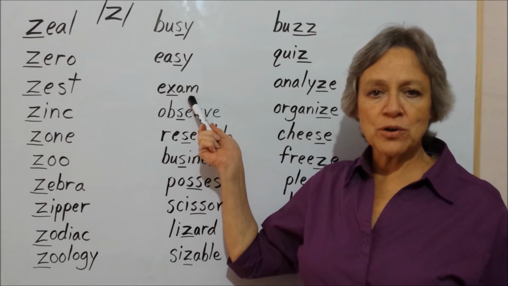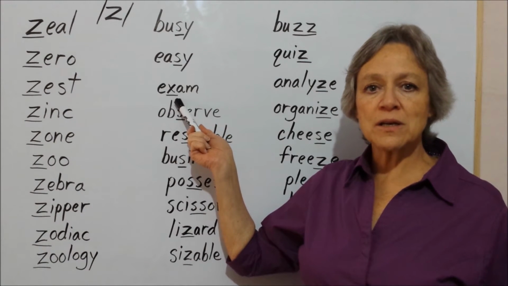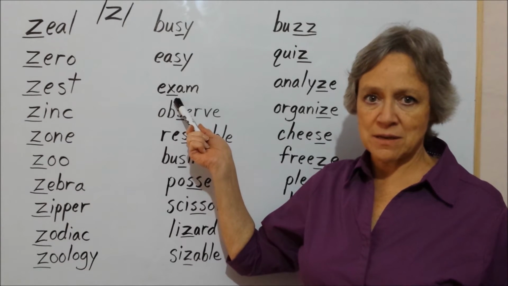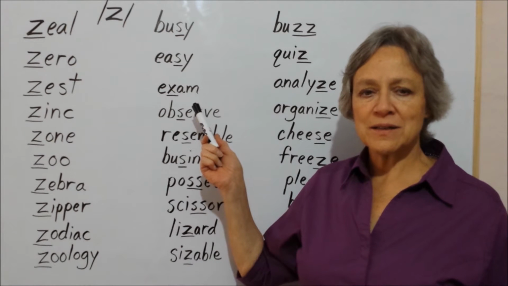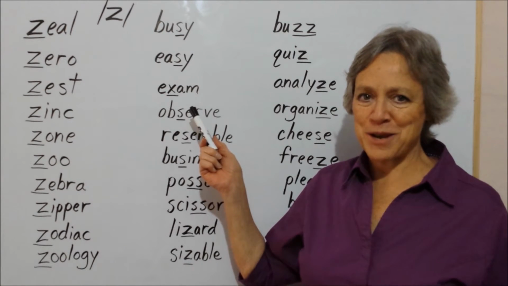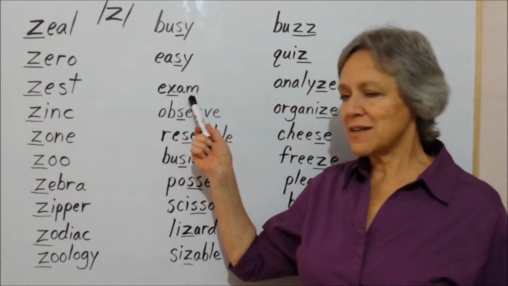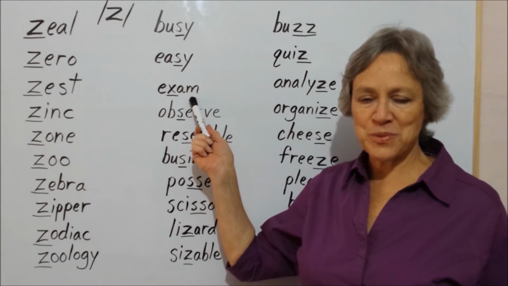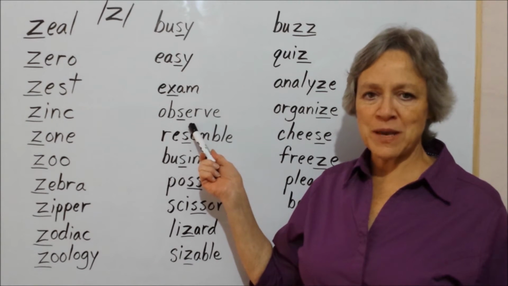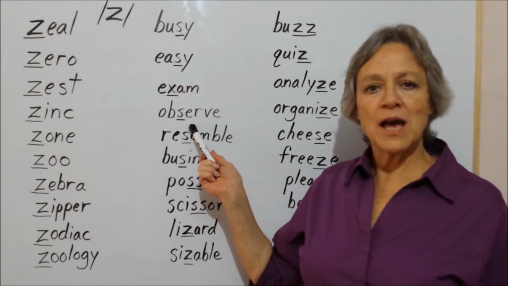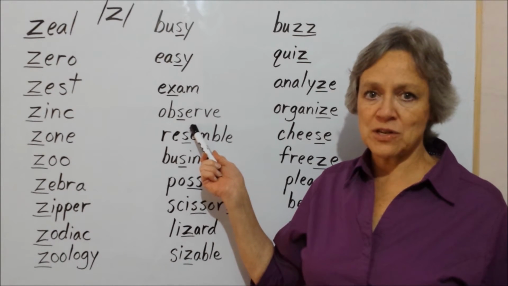In this word, the letter X is making two sounds, g and z. In the last list of words, the X made the k, s sounds, okay? But here it's g, z. Exam, exam, okay? Here, the letter S again is making the z sound, and we have seen previously that the letter S often makes the z sound.